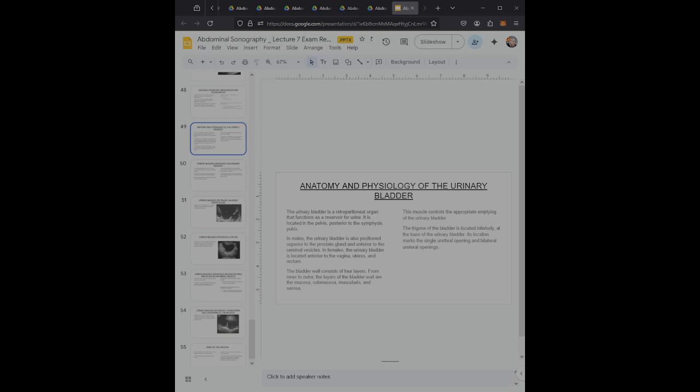The trigone of the bladder is located inferiorly at the base of the urinary bladder, and its location marks a single urethral opening and bilateral ureteral openings. Sonographically, the normal urinary bladder appears as a smooth-walled anechoic structure within the pelvis. In the transverse plane, it appears as a square-shaped organ, whereas in sagittal it appears more elliptical.